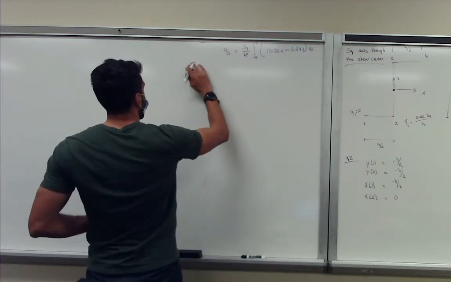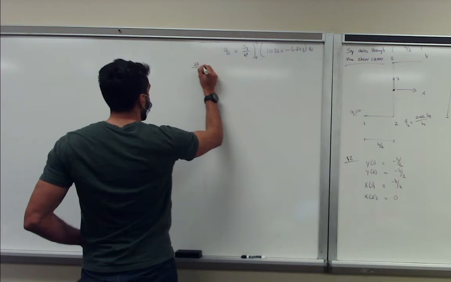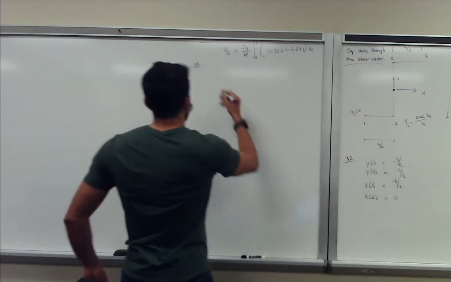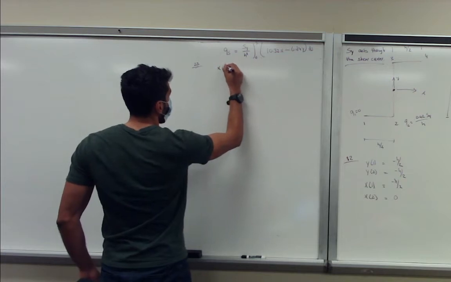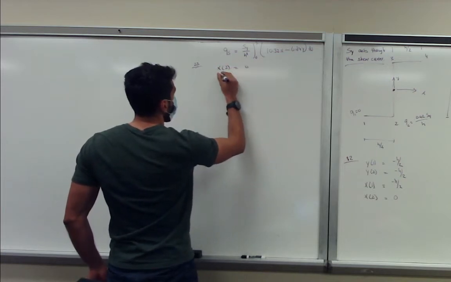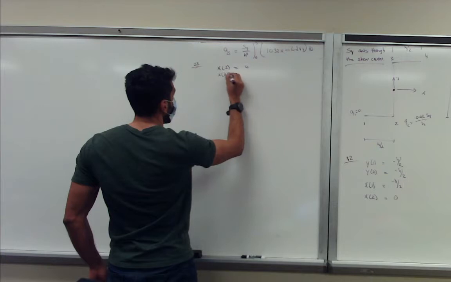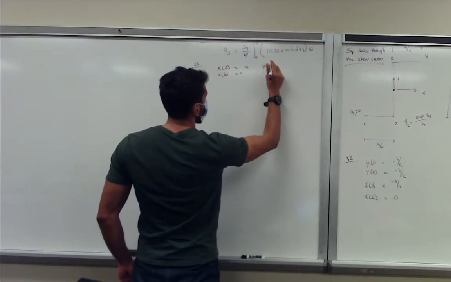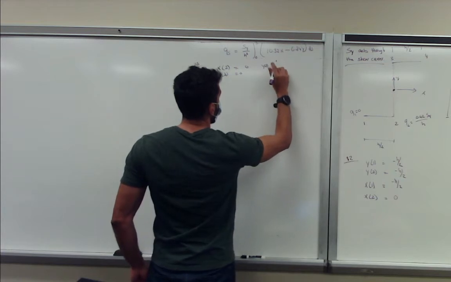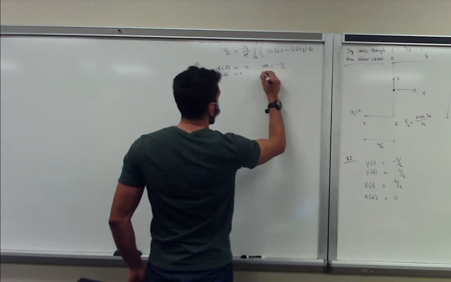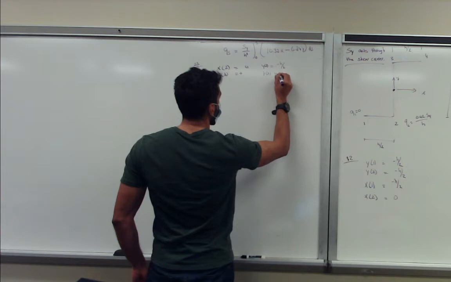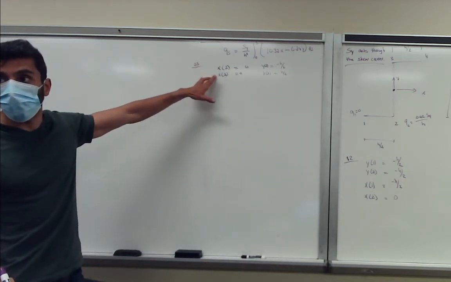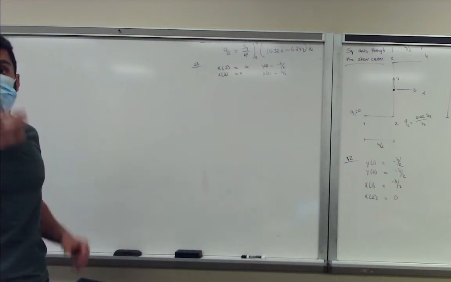So if you evaluate, x at point 2 is 0, x at point 3 is 0, y at point 2 is negative h over 2, y at point 3 is h over 2. So 0 and 0 becomes very simple. That's 0. It's constant.